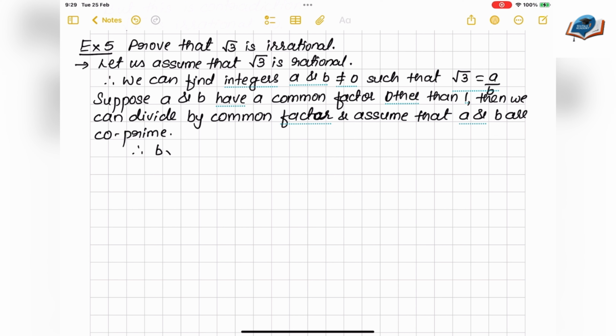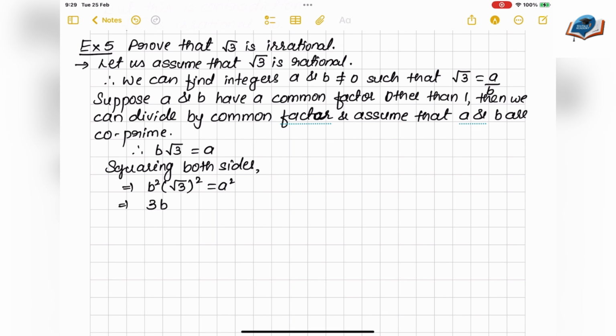Therefore, b root 3 equals a. Now squaring both sides implies b square into root 3 whole square equals a square. So it implies 3b square equals a square.